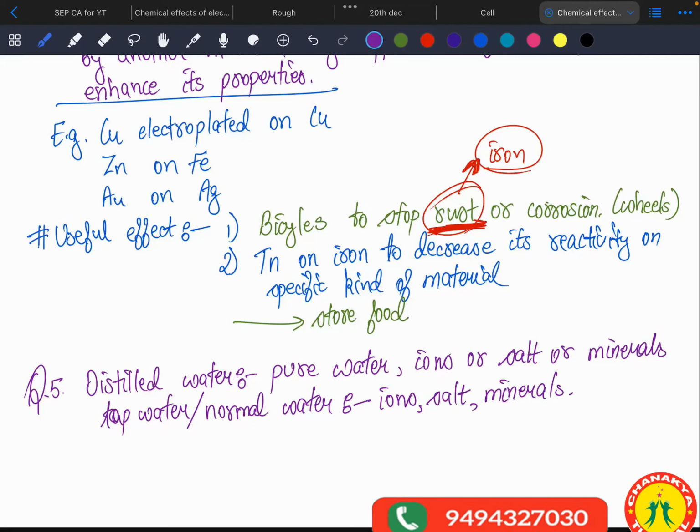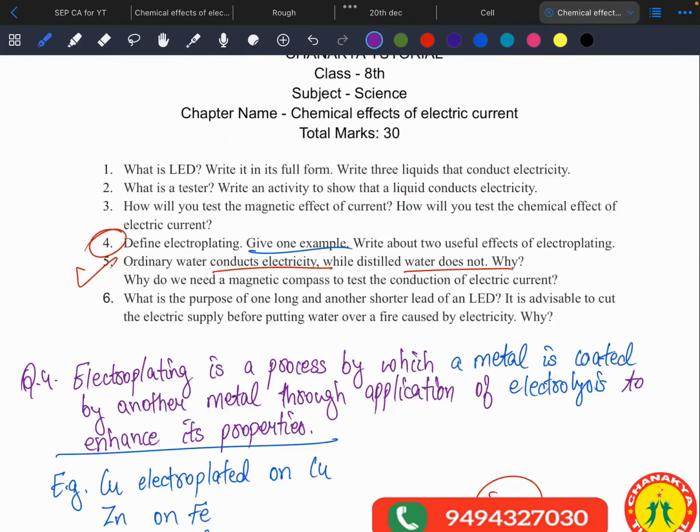Fine. Why do we need a magnetic compass to test the conduction of electricity? I think this is kind of repeated from the third question. So can anyone tell why we need a magnetic compass?